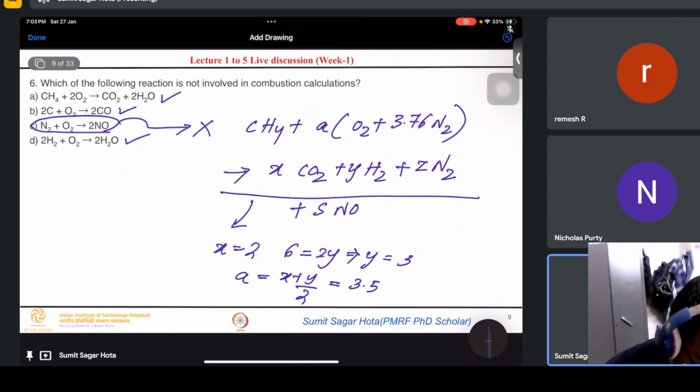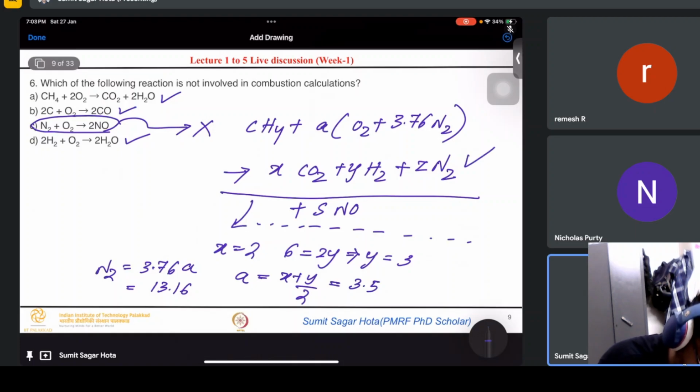Then Z equals 0.76 times 8.1. But when you consider this much part, this is the correct way. It's the stoichiometric reaction.